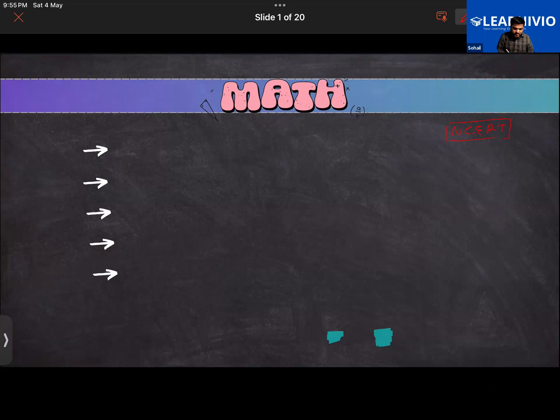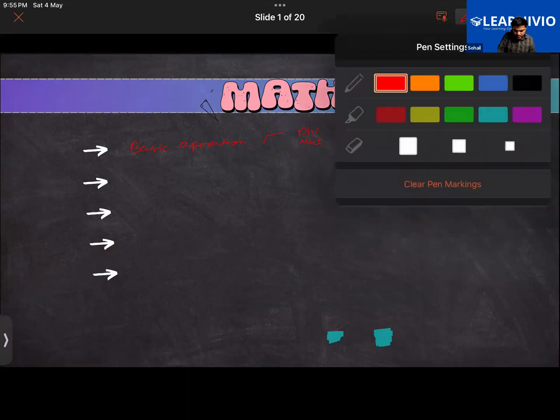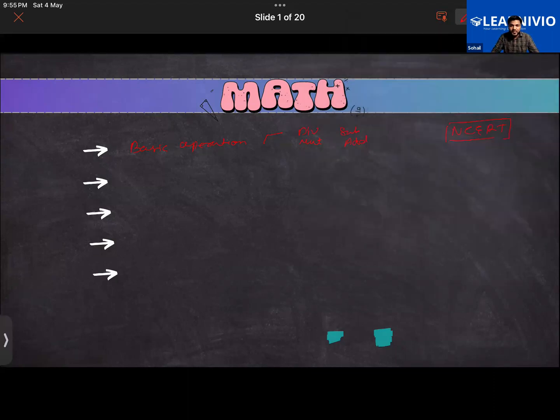In it you study division, multiplication, subtraction, addition, and the rules to do these basic operations.